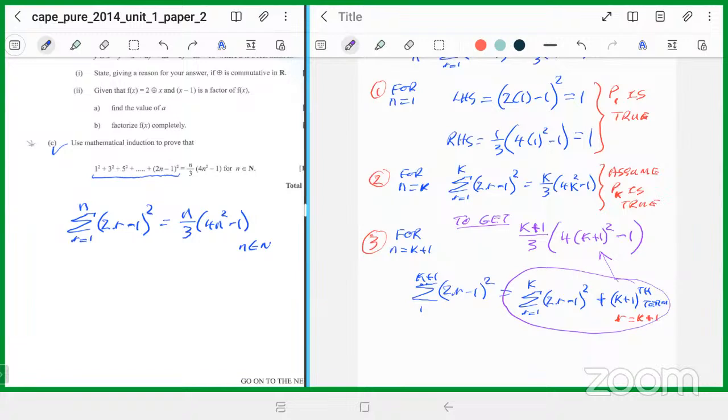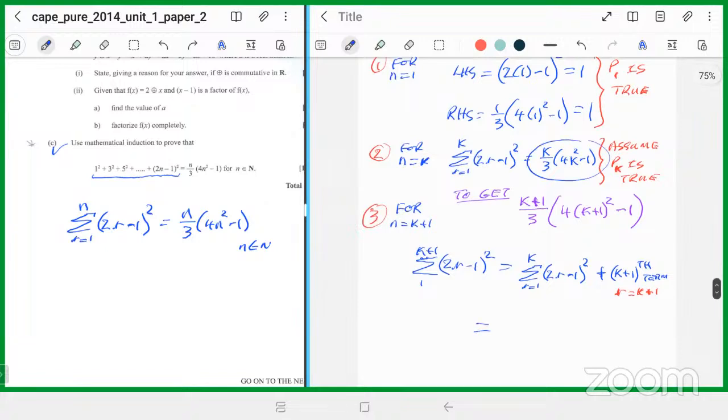All right? So let's go now. Remember though, that this expression, the sum to k, is actually equal to this. It's the first thing, right? So I'm going to put this here for the sum to k. This is going to be equal to k over 3 into 4k squared minus 1. And then, as I said, the k plus 1th term is basically taking the k plus 1 and putting it for the r in this.